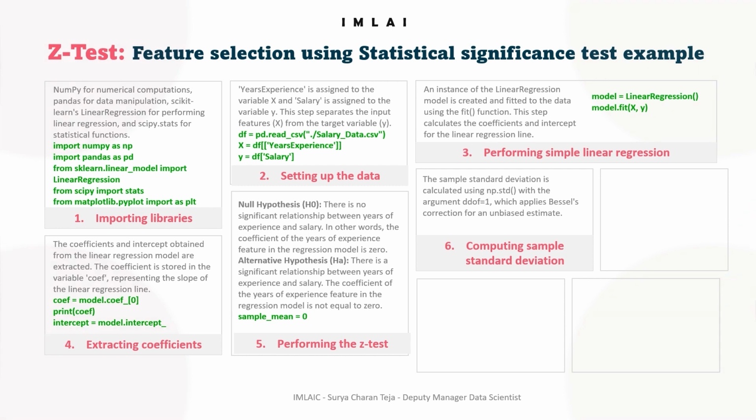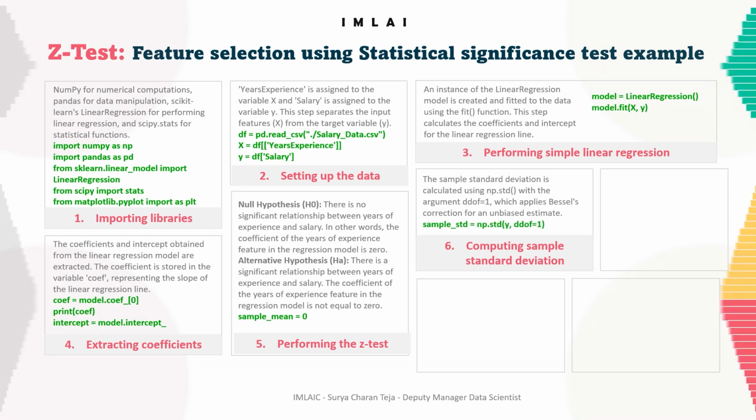That is the reason we are taking the coefficient as the connecting term, the influencing factor, and then the standard deviation of y, of each value of the target variable. Here the sample standard deviation of the target variable will be calculated using the standard deviation method with the degrees of freedom argument, which is very important. It applies Bessel's correction for an unbiased estimate, and this is how we calculate the sample standard deviation.